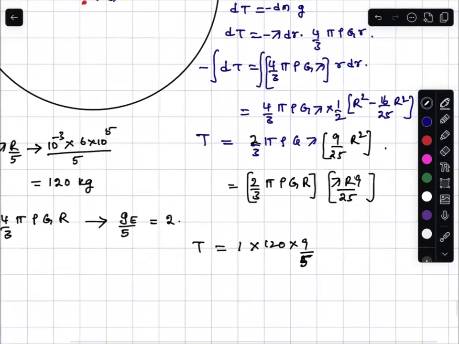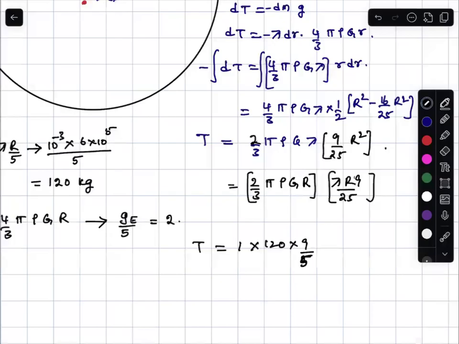So I have done this very carefully, each and every step. Proper integration step is required there. Already I have taken 1/5. There is another 2 by 3 pi rho g r, the planet's acceleration due to gravity, which is equal to 1/5 the acceleration due to gravity of Earth.